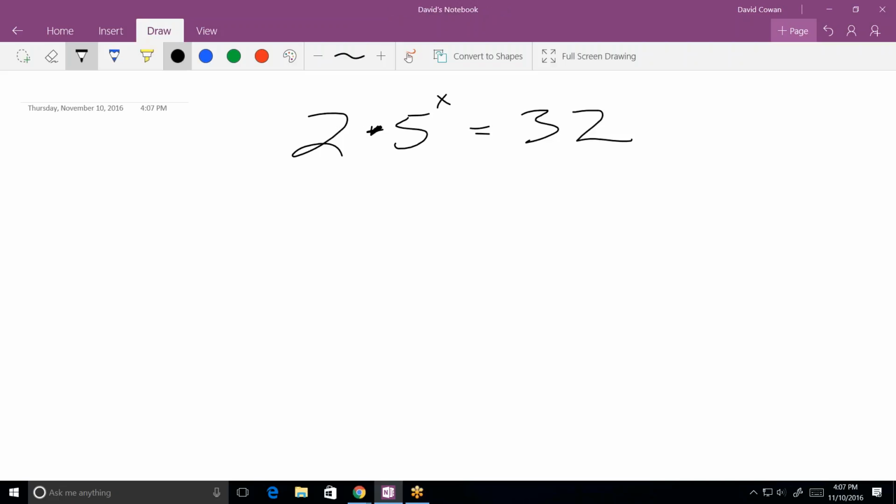I don't know why I was stumbling on this one, but I couldn't get it in class. The x power does not apply to the 2. It's just applying to the 5. In other words, there's no parentheses. So the first thing we can do is divide by 2.